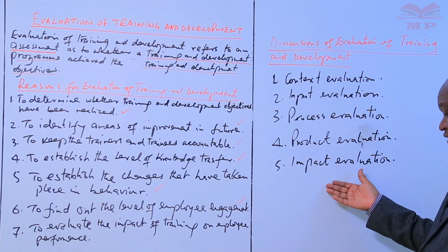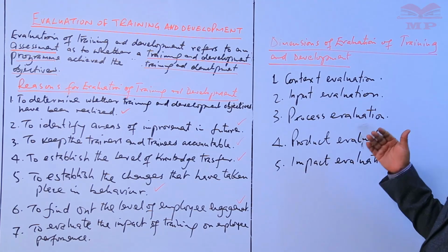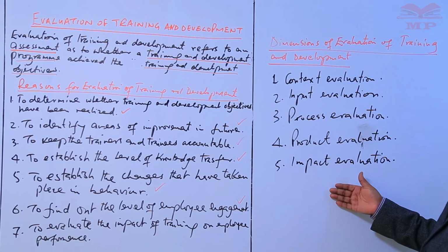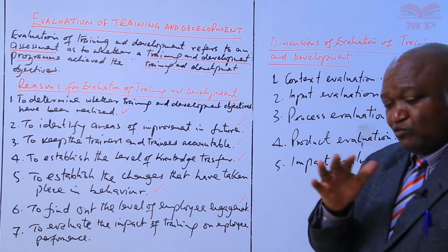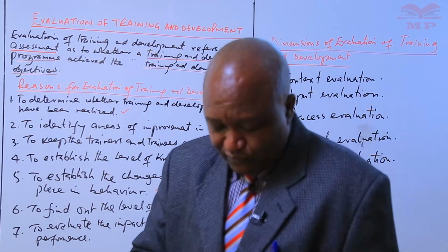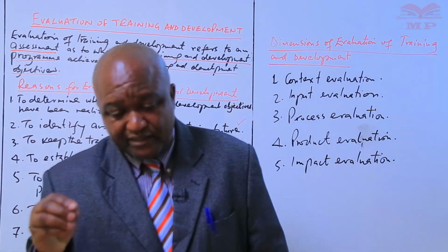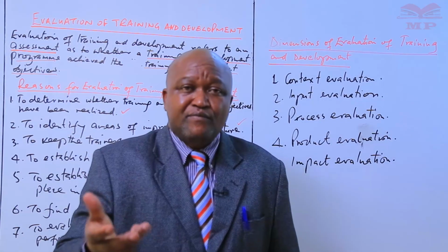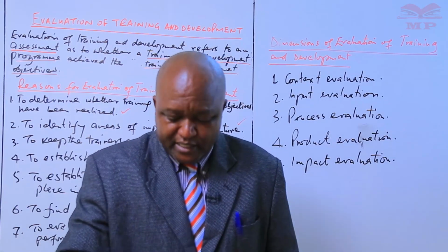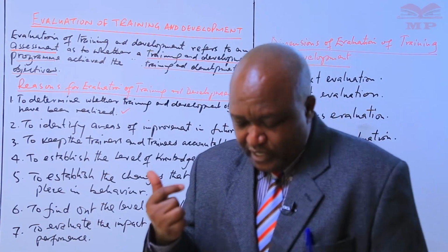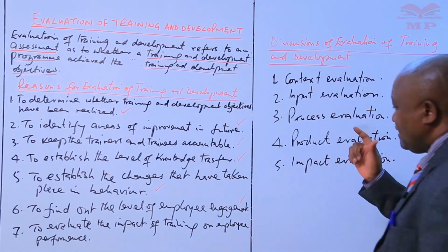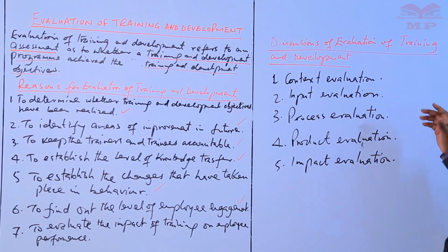There were a lot of complaints about this particular employee, but after undergoing maybe communications training, this employee is able to serve without any complaints from the customer. So that impact evaluation of the training can be measured or assessed. So those are the dimensions of evaluation of training and development programs in relation to an organization.